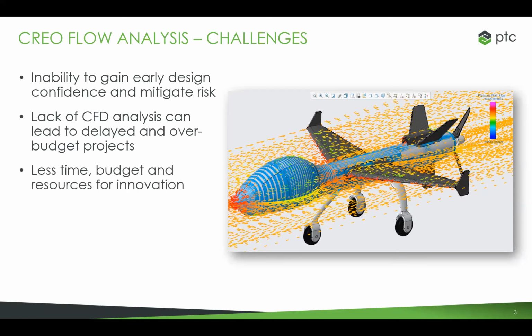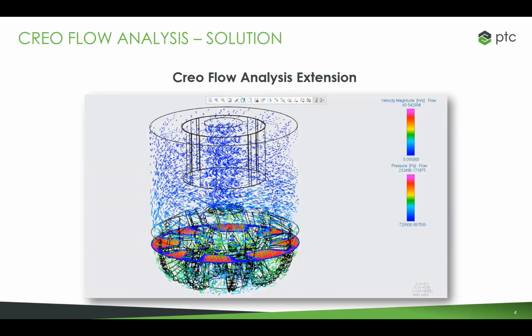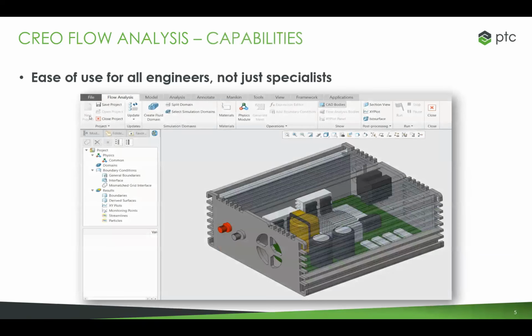And so the solution from PTC is the Creo Flow analysis extension, which aims to directly address a lot of these issues. One of the capabilities is that this is for all engineers, not just for specialists. It is an analyst tool, right?